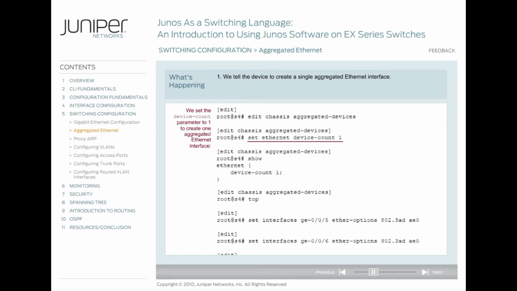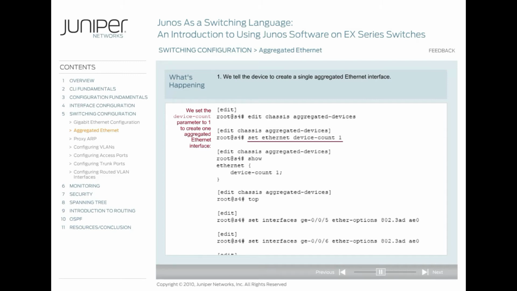Aggregated Ethernet interfaces are designated aeX, where X is a number. The switch creates the number of aggregated Ethernet devices specified, beginning with ae0 and counting upwards. In this case, because we told the switch to create only one interface, the switch will create interface ae0 only.